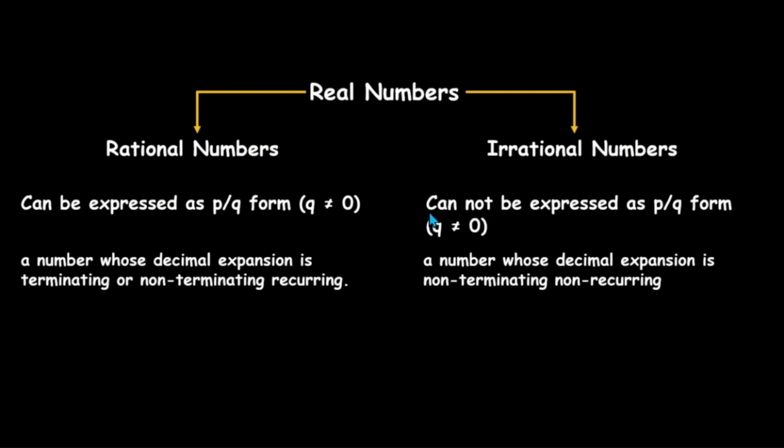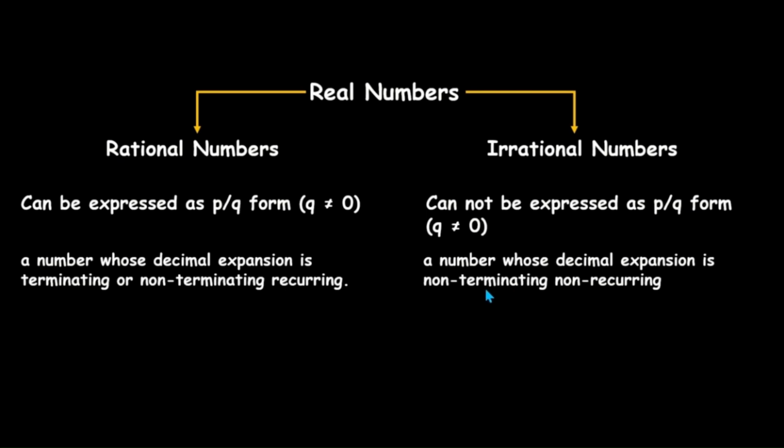These are the numbers that cannot be expressed in p by q form, where q is not equal to 0, obviously. So p and q here are integers, and we can't find two integers to represent the irrational numbers in p by q form. And irrational numbers can also be defined as numbers whose decimal expansion is non-terminating and non-recurring decimal expansion.